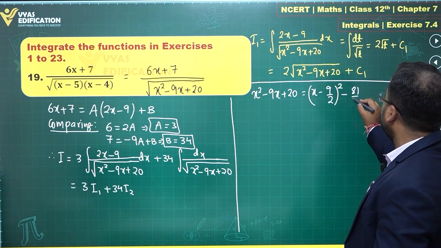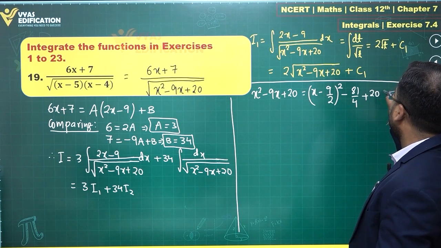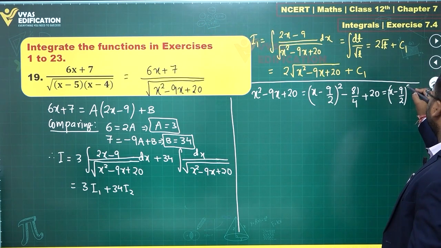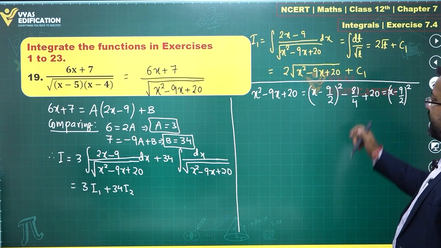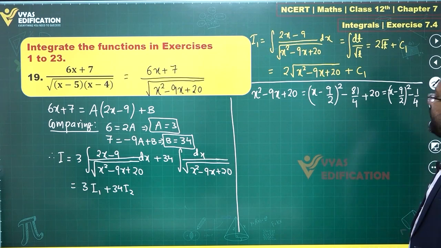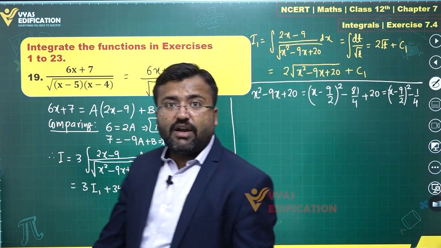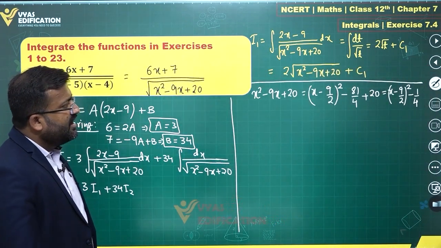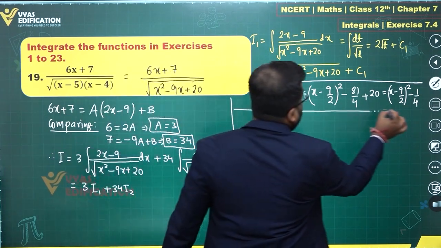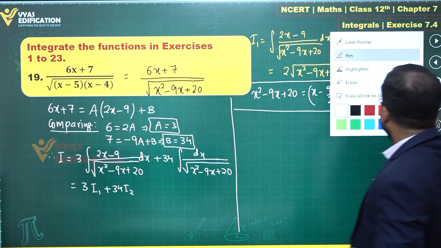That becomes minus 81 upon 4 plus 20. This is equal to x minus 9 by 2 squared plus 80 minus 81, which is minus 1 by 4. So x minus 9 by 2 square and minus 1 by 4 is what I get. 1 by 4 is the square of 1 by 2.